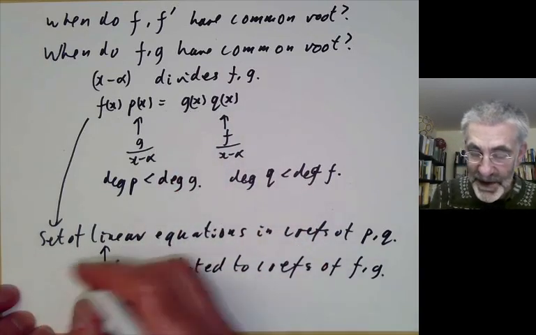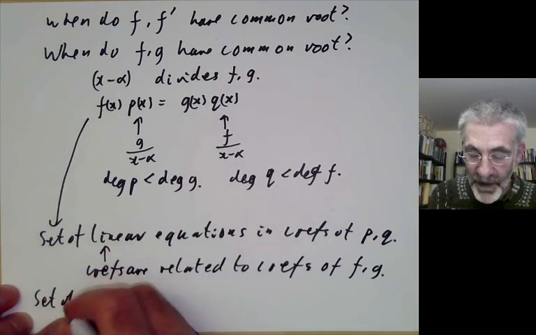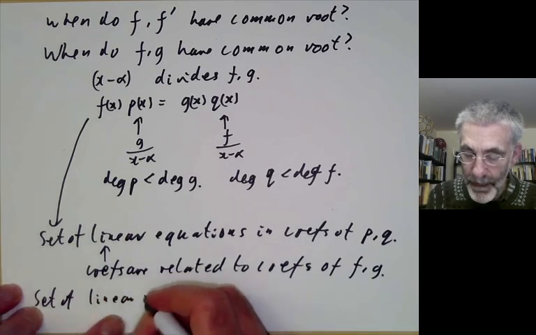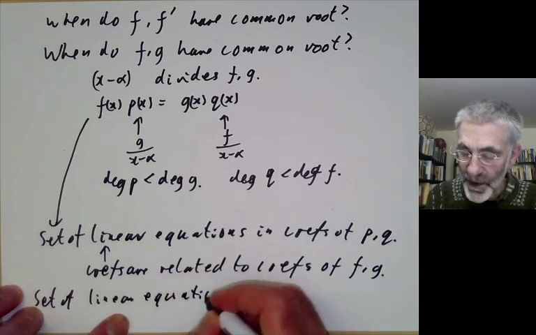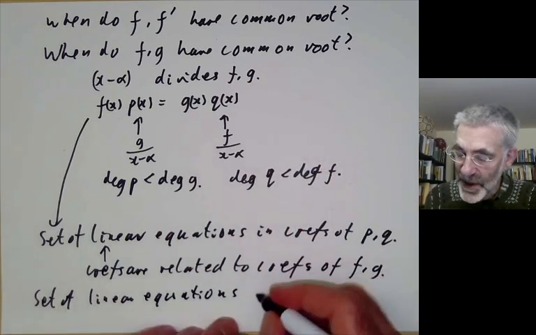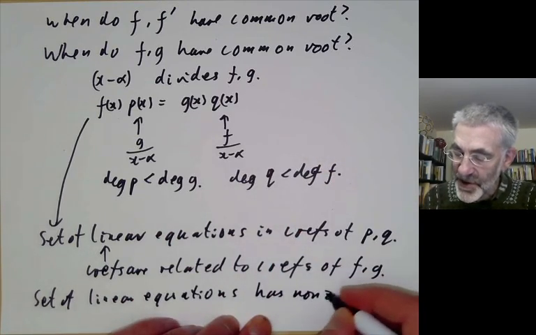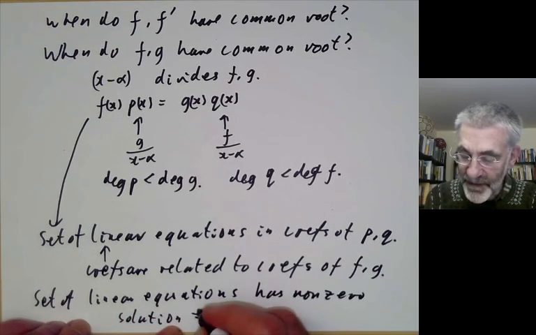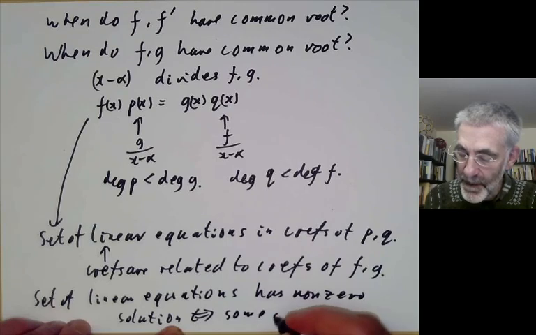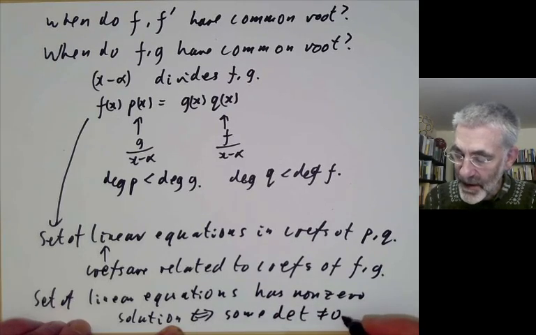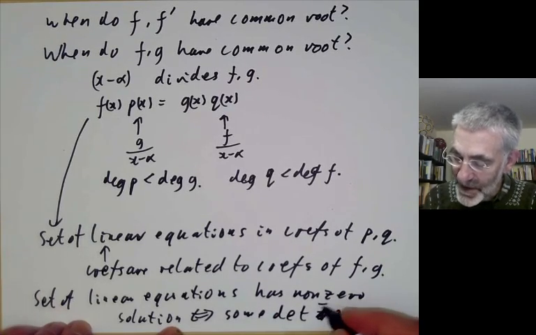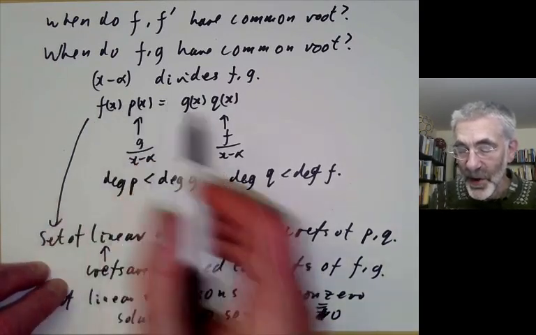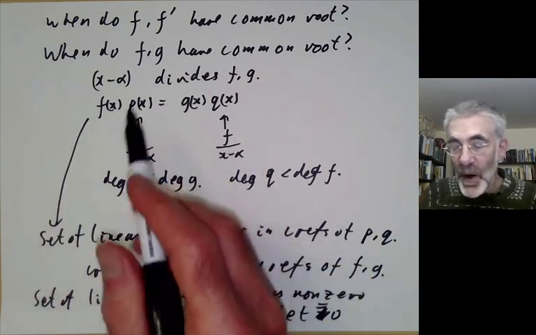Well, we know that a set of linear equations with the same number of variables as the number of equations has a non-zero solution if and only if some determinant is equal to 0, where this determinant is going to be something to do with the coefficients of the linear equations.